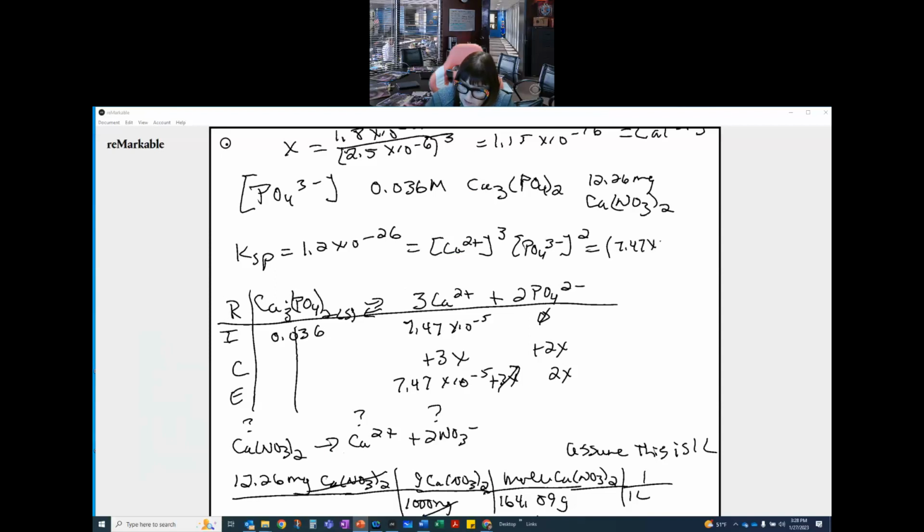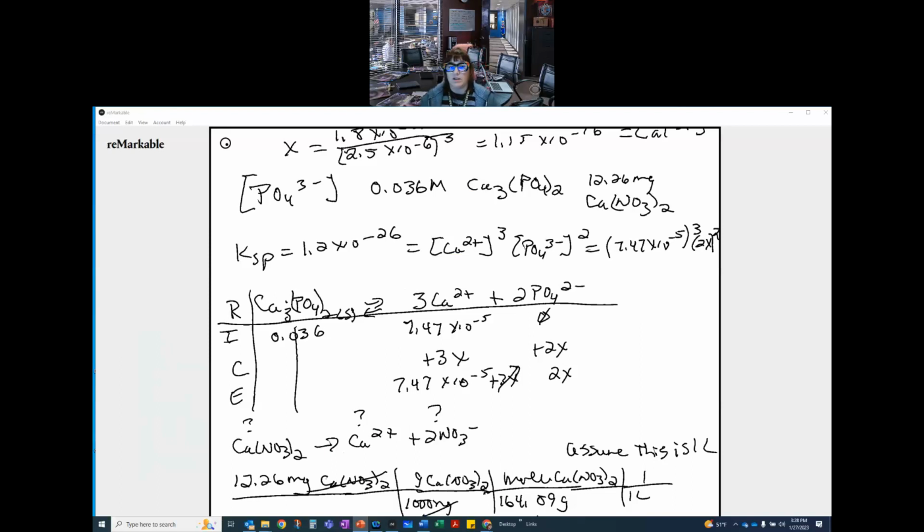7.47 times 10 to the minus fifth. That is cubed. And then I have my 2x, and that is squared. Now, do I know that I have to cube that? Absolutely, because that's what my equation says I have to do. And that equation says that because of the stoichiometry. So they're all related.